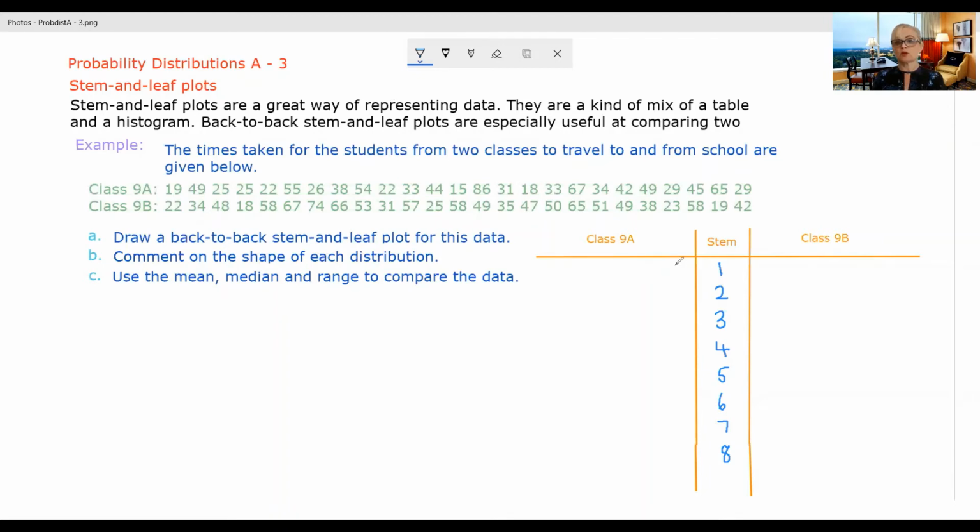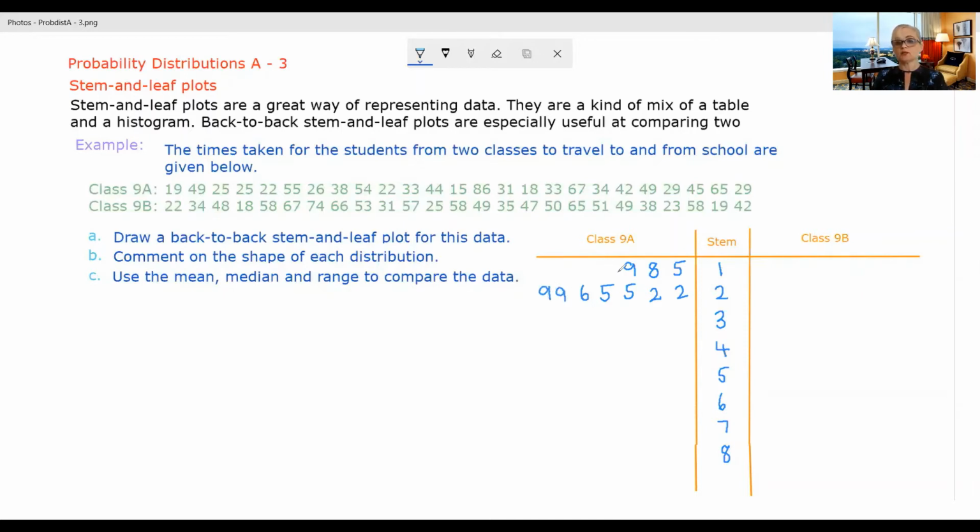So our smallest score is 15, our next smallest is 18, our next smallest is 19. Then in the twenties, we have 2 22s, 2 25s, a 26 and 2 29s.